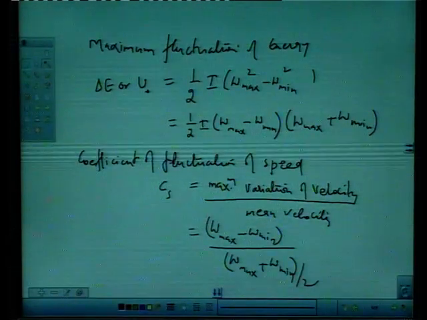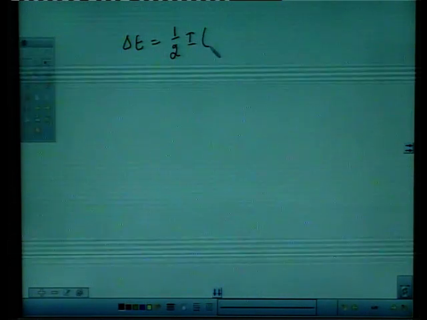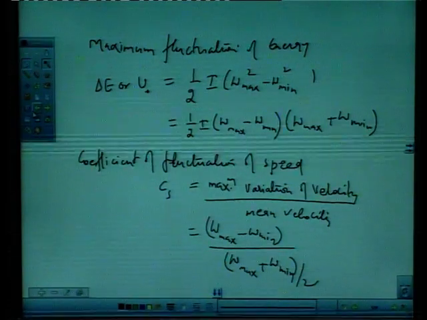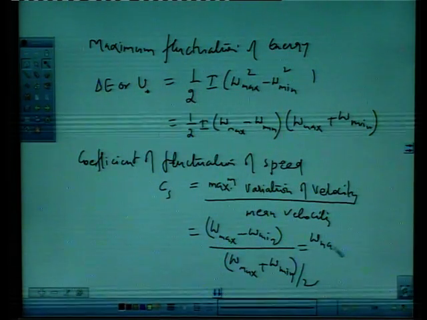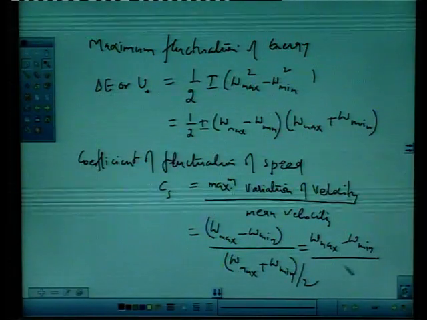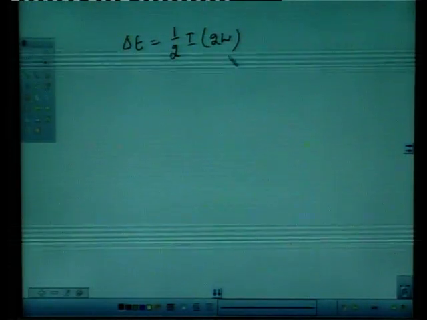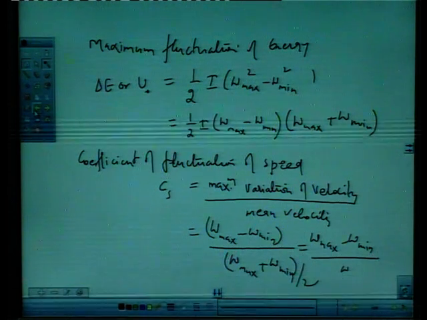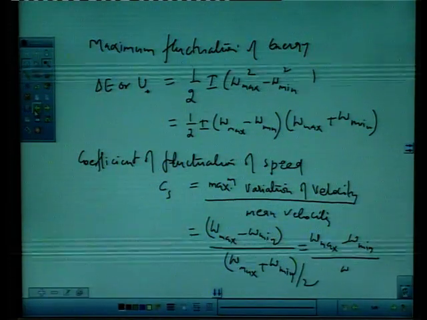Now, from here we can have this delta E, which was half I. Now, this difference of velocity, we can write it as Cs into mean velocity, whereas the mean velocity is equal to omega, and this can be written as twice of omega, whereas this maximum velocity can be written as twice of Cs into omega.